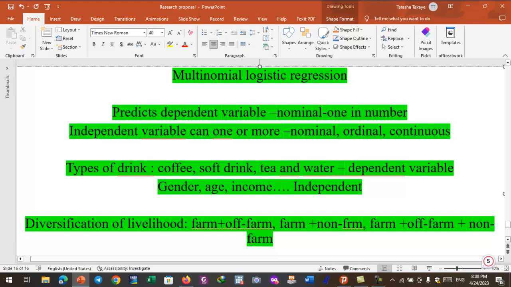There are 3 diversification options, and our interest is to know what determines the decision of the households to prefer either the farm diversification option, or the farm and non-farm diversification option.